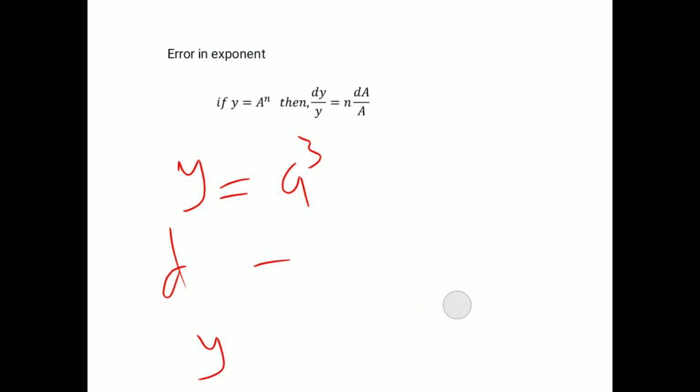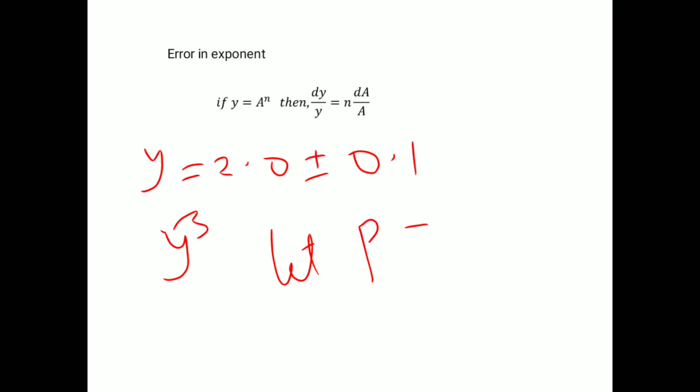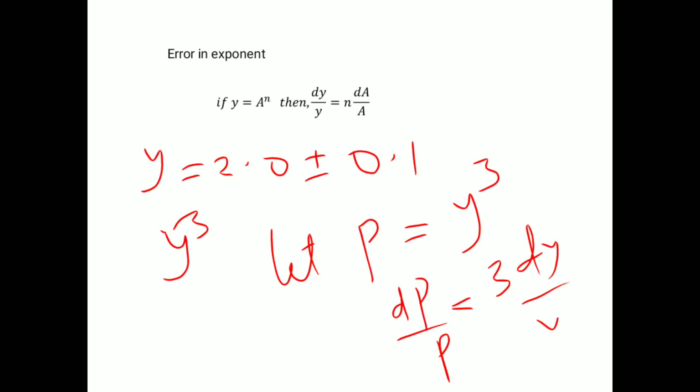If, for example, I have a formula, let's say y is equal to 2.0 plus or minus 0.1, and I'm asked to find the error in y raised to power 3. I can start by saying let p be equal to y raised to power 3. That means the relative error in p will be equal to 3 times the relative error in y.